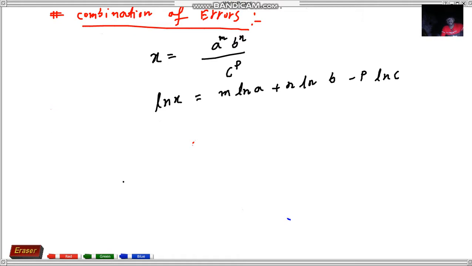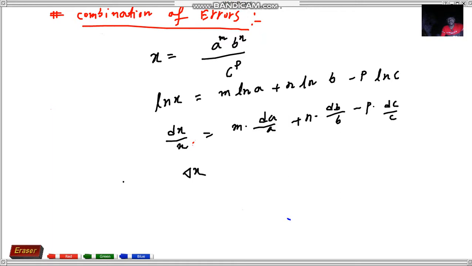Now we have to take the differentiation. So it will be dx by x, that will be m into dA by a plus n into dB by b minus p into dC by c. Now if we take the fractional error, that will be delta x by x, and it will be nothing but m into dA by a plus n into dB by b plus p into dC by c.